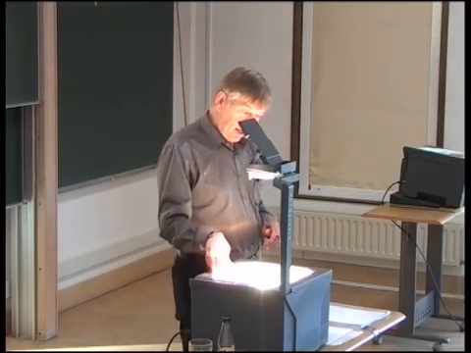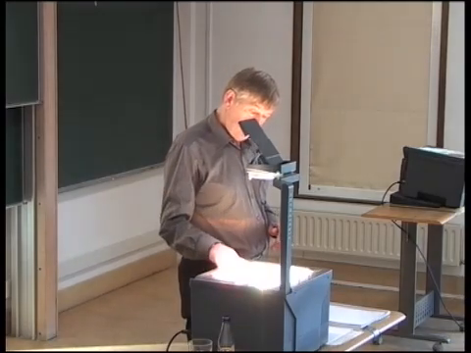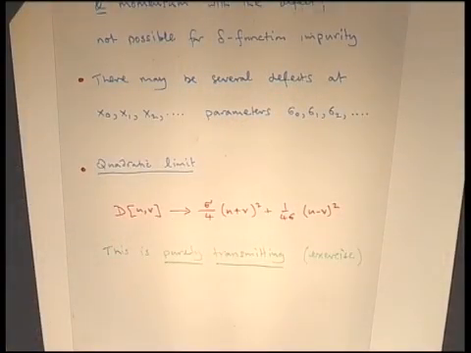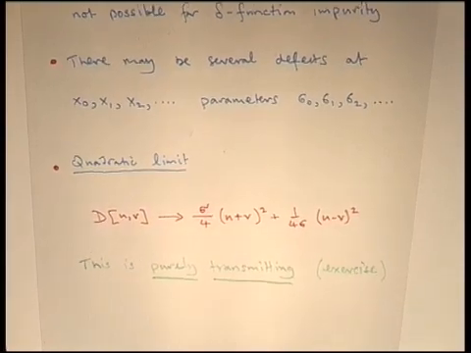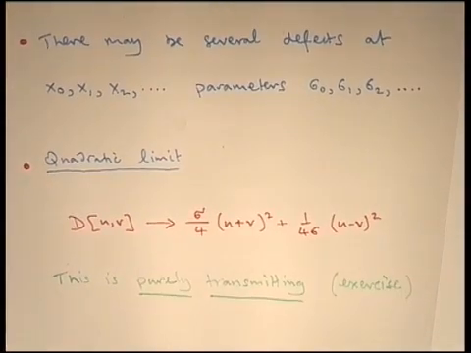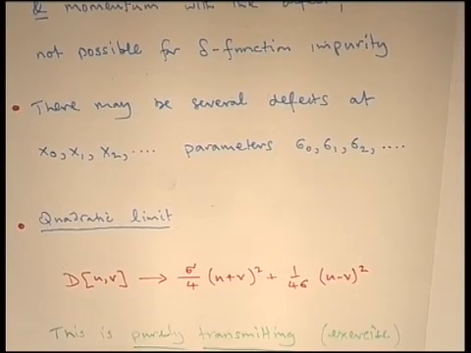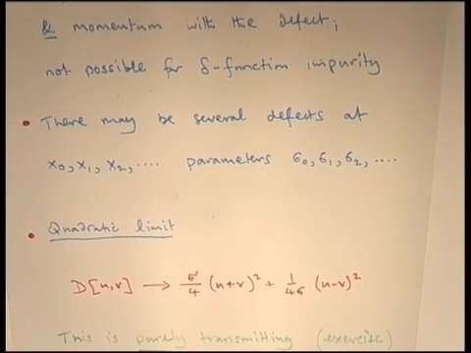Now, an interesting thing is that, let's look at the quadratic limit first. So if we just take the quadratic limit, so we replace the cosines by the lowest order pieces, then it's a matter of a little exercise to show that this is actually a purely transmitting shock.